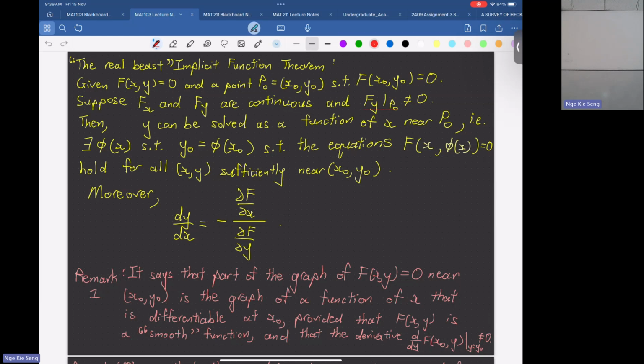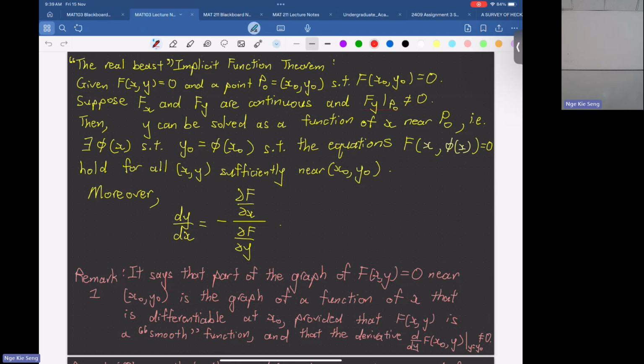Where can you do it? Only near the point that you want to look at. How near? Don't know. As near as you can. This concept might be very abstract to you, but I want you to remember one sentence: near enough that you can do this. Later you will understand what this sentence means.